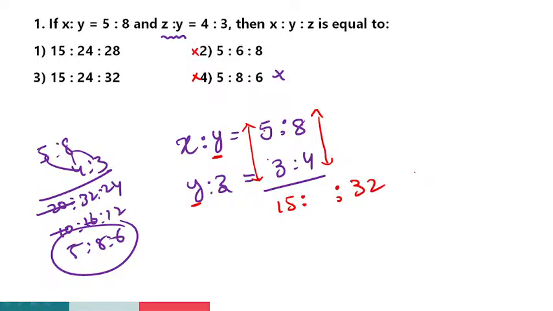Verify the options: the first option is eliminated, option 3 is the right answer. We don't need to find the y value, but let's find it: 8 threes are 24. That's why the answer is 15 is to 24 is to 32, guys. Clear, all of you?